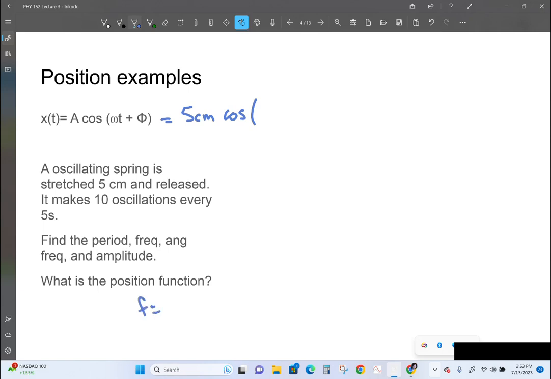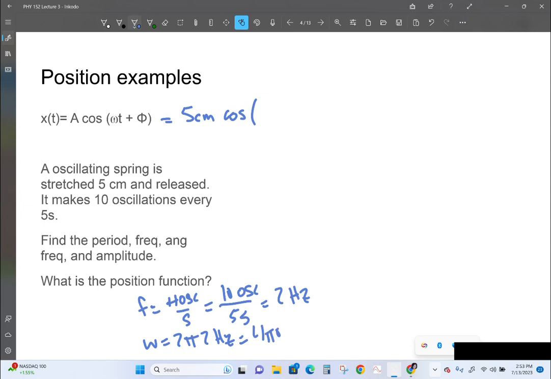The frequency is going to be the number of oscillations per second. Well, there's 10 oscillations in 5 seconds, so the frequency is 2 hertz. Omega is 2 pi times 2 hertz, or 4 pi radians per second. So our generic thing would be 4 pi radians per second times time.